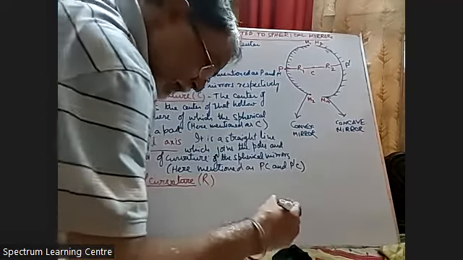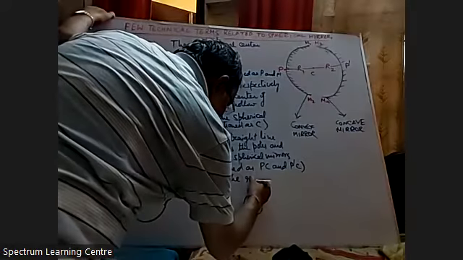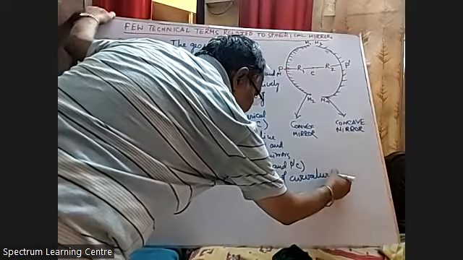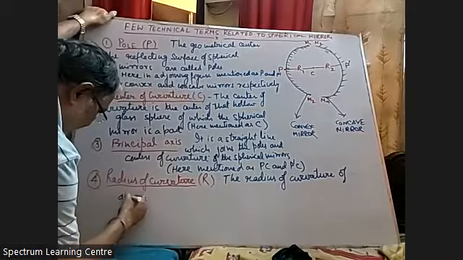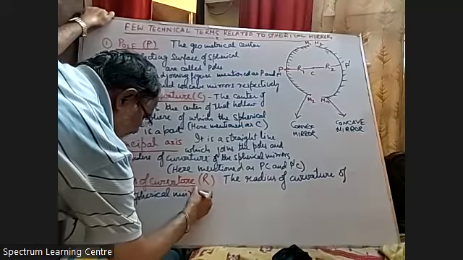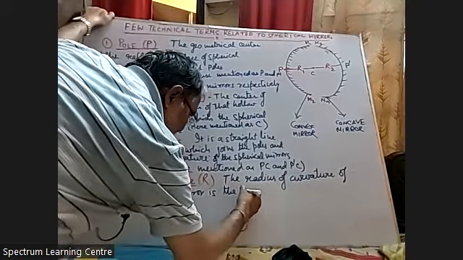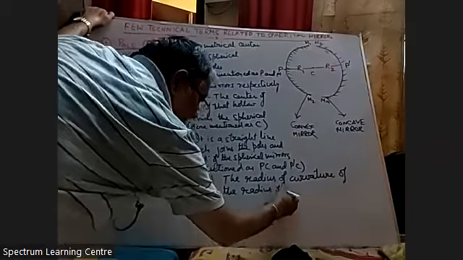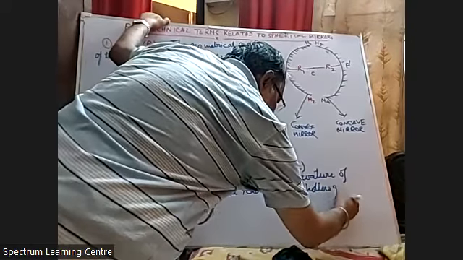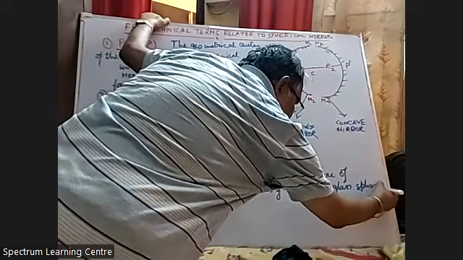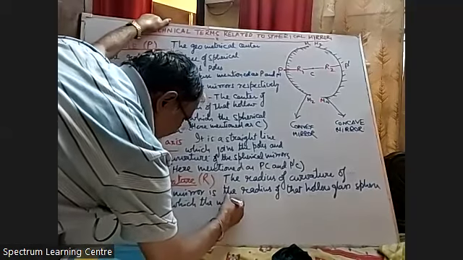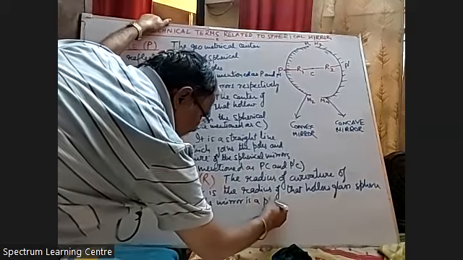The radius of curvature of a spherical mirror is the radius of that hollow glass sphere of which the mirror is a part.